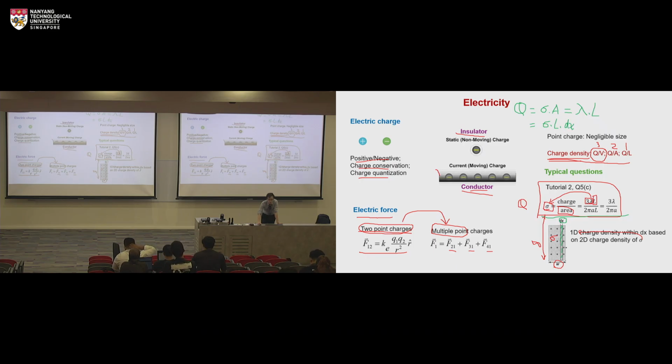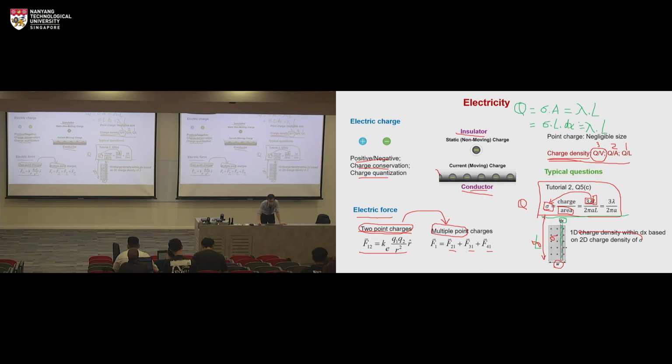Then we look at the one-dimensional density times the one-dimensional length, which is also L, although we can let this L be infinitely long.